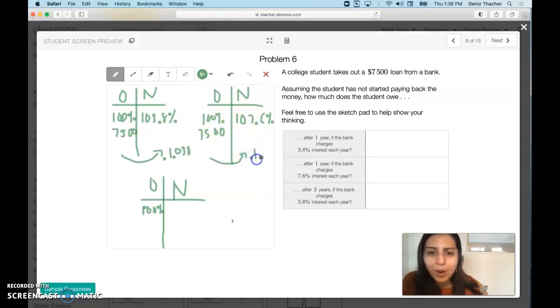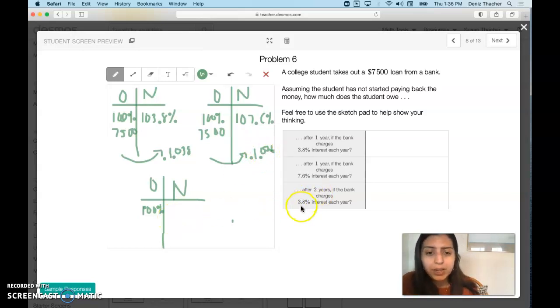Hopefully you got 1.076. And to find the new rate, or how much she owes, we can multiply 7,500 by 1.076.